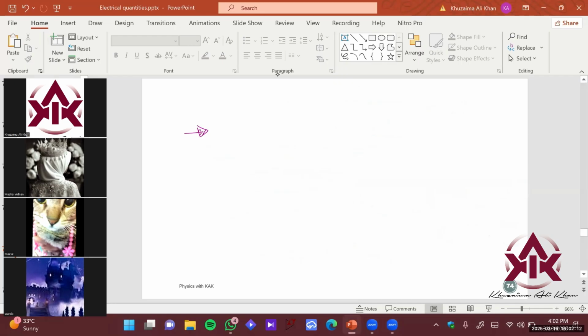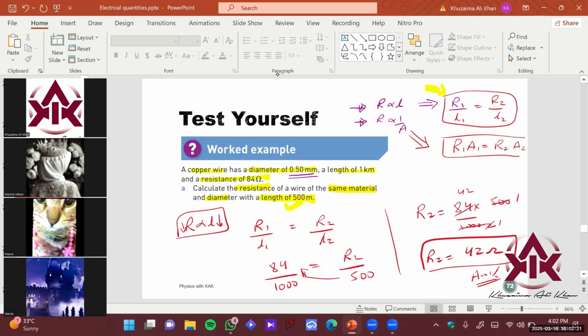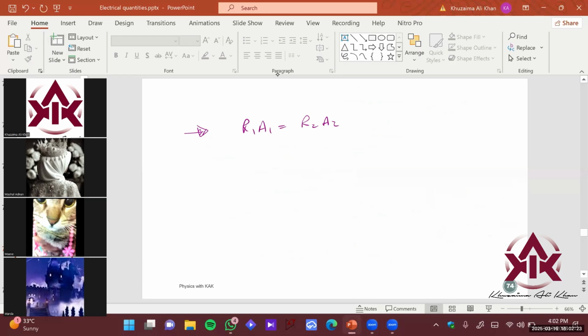Now we have the relation over here that is R1 times A1 equals R2 times A2. R1, we know, is 84 ohms offered by the original material here, right? So it's 84 times A1, that is 1.9635 exponent minus 7.